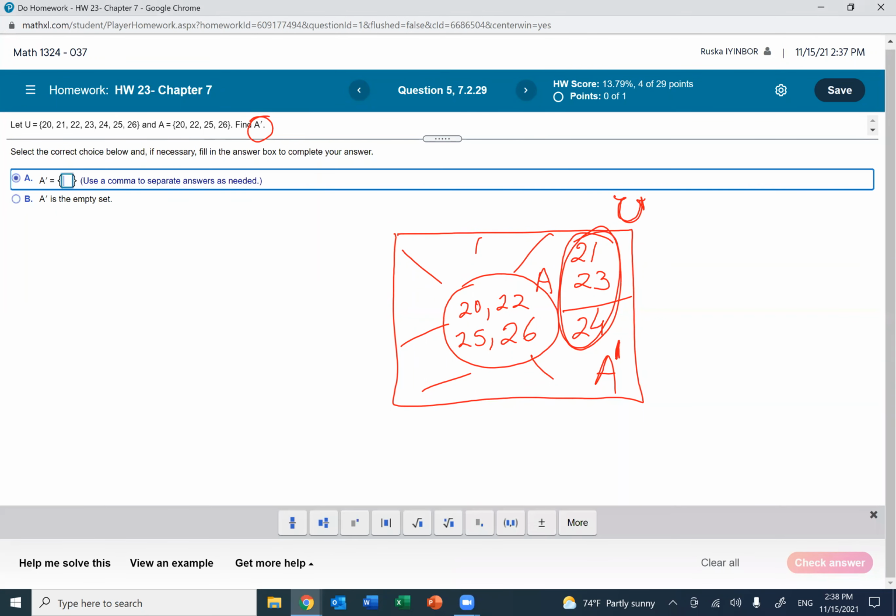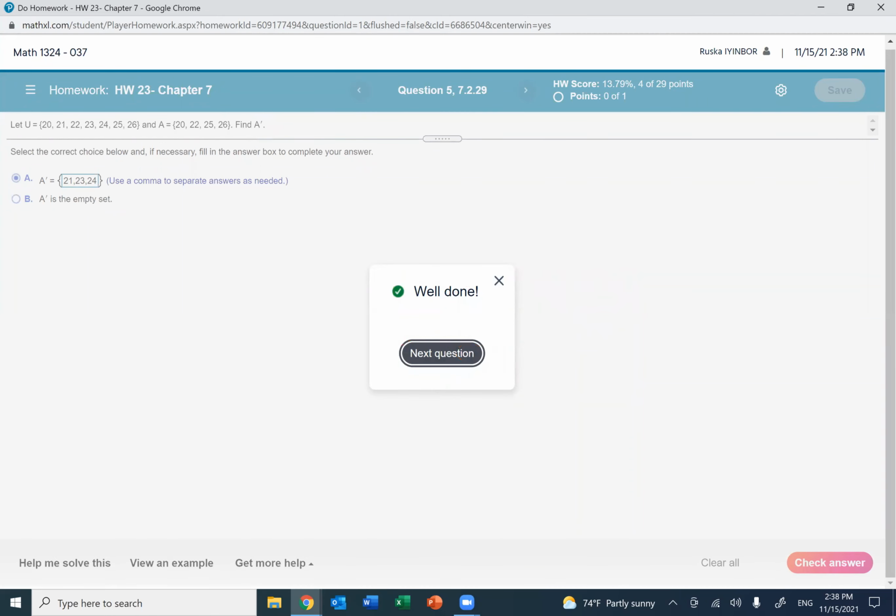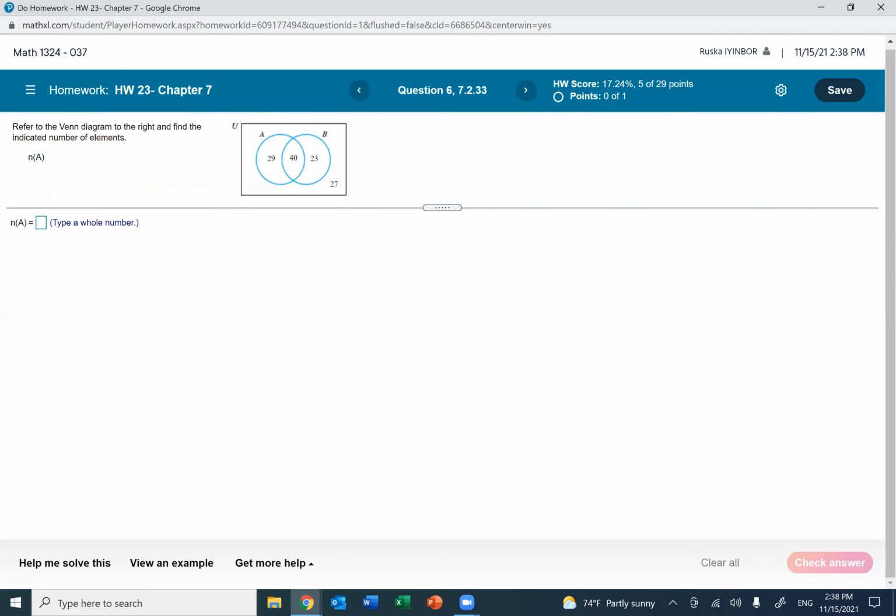And that's what you're going to put here. The numbers which are not included in A are 21, comma, 23, 24. Okay? So that's well done. That's how you do those. And then you go into the next question.